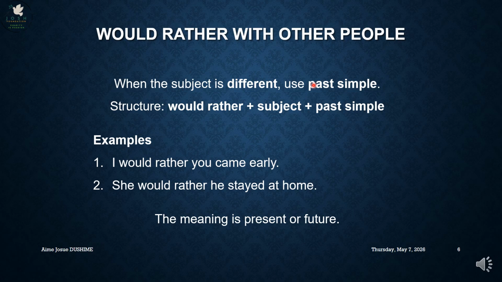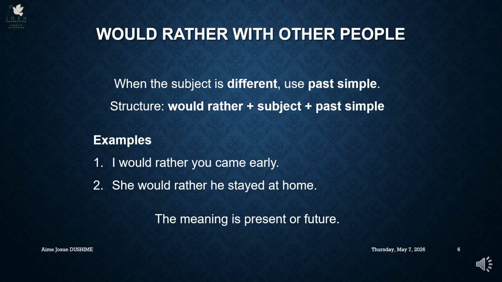We are two different subjects. Now when we have two different subjects, we use past simple. We use would rather plus the subject of the person that you're saying, plus past simple. I will make a little explanation like this.